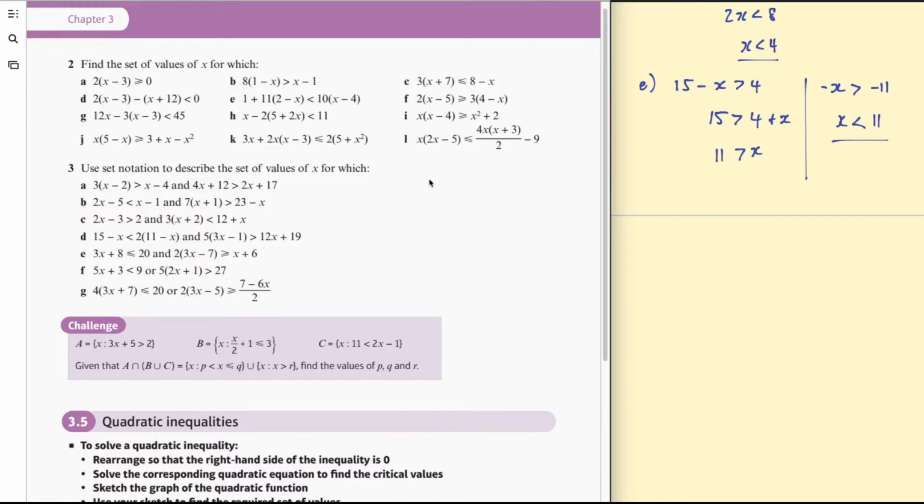Let's see. Do they all cancel out? Oh yes. So this looks like there'd be some quadratics, but actually all of the x squared terms cancel each other out. So that's still linear inequalities. So let's do some from 3.